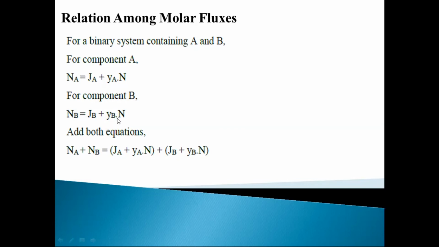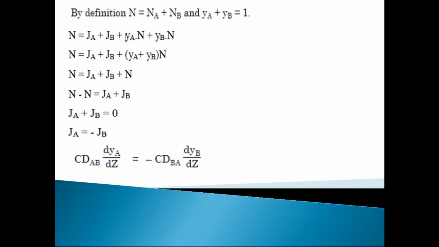Add both equations, we will get Na plus Nb. This is the first equation, this is the second equation. Add both equations. Na plus Nb is equal to Ja plus Ya N plus Jb plus Yb N. So we know that total flux, I already told you, is Na plus Nb.